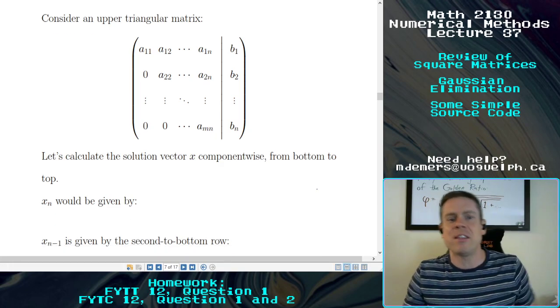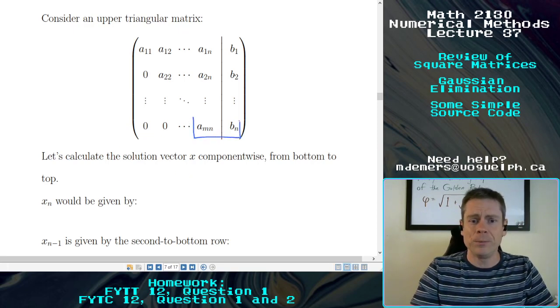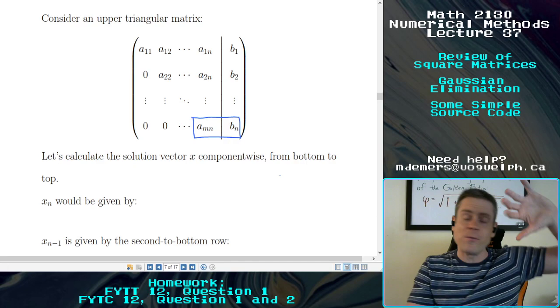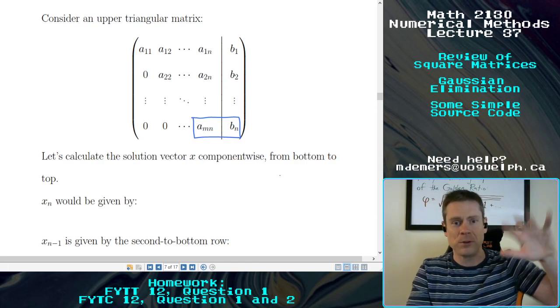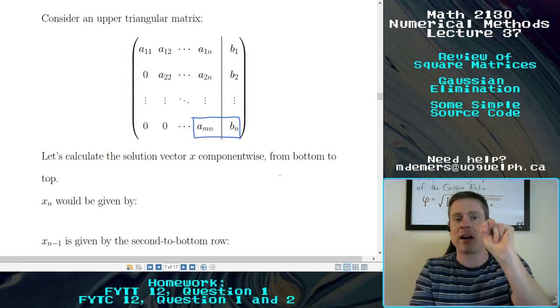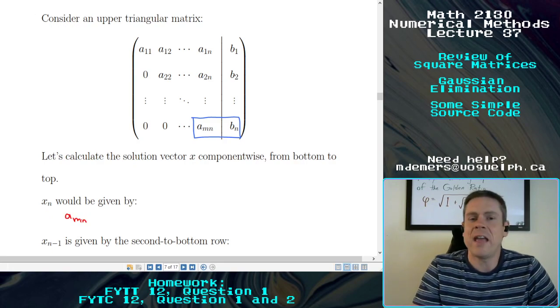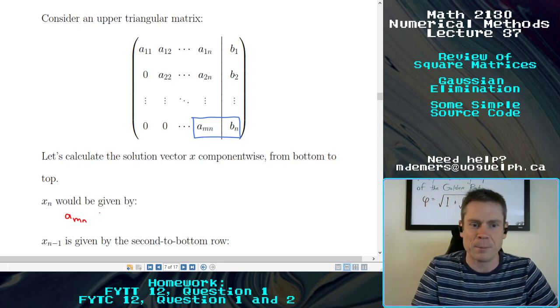So suppose we have this upper triangular matrix right here. This bottom row is ready to go, right? If you've got it in that row echelon form, you've got a square matrix on the left, you should be able to do that first calculation for free, right? To find the xn, you have amn, you could say ann because the m is equal to the n, but whatever, times the xn is equal to bn.